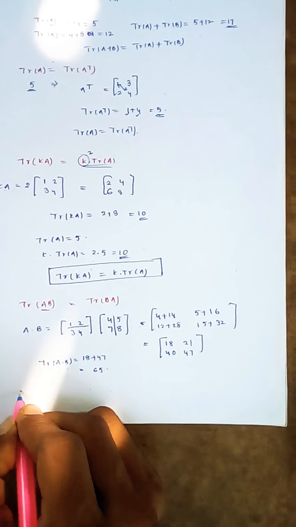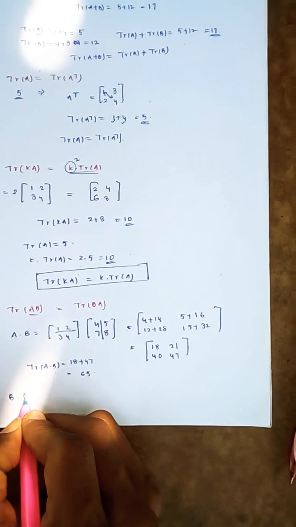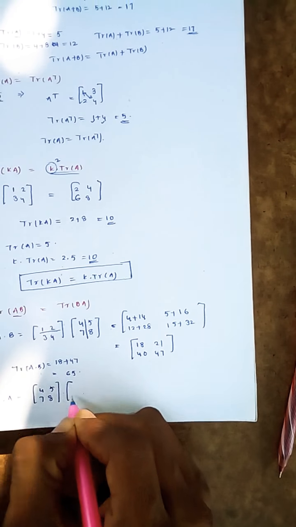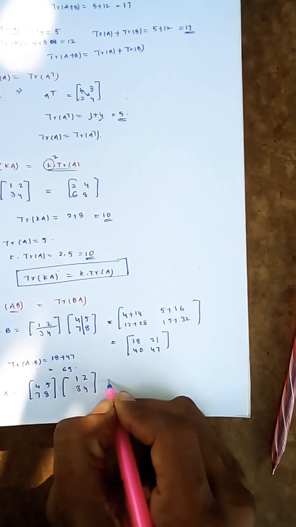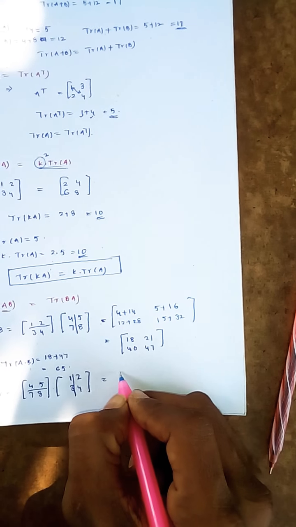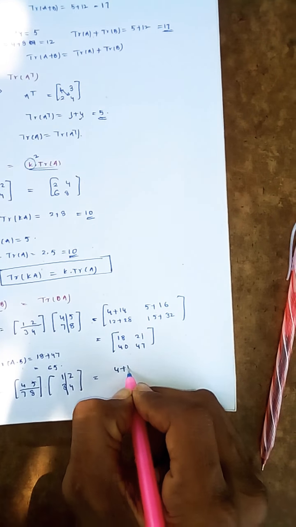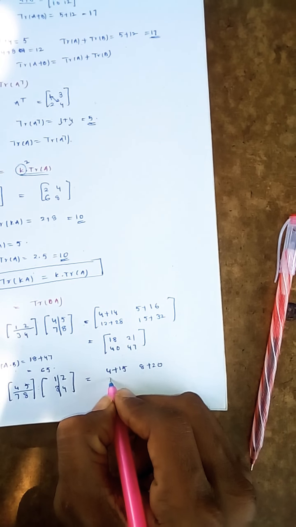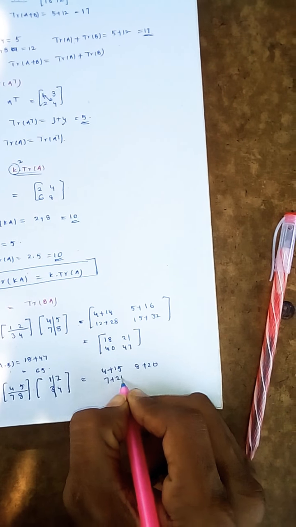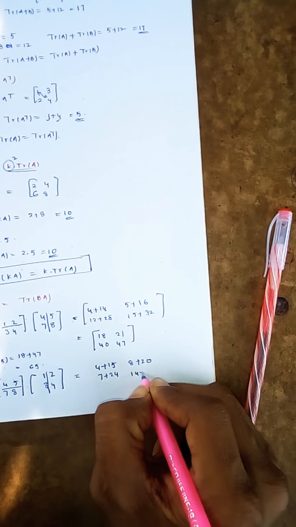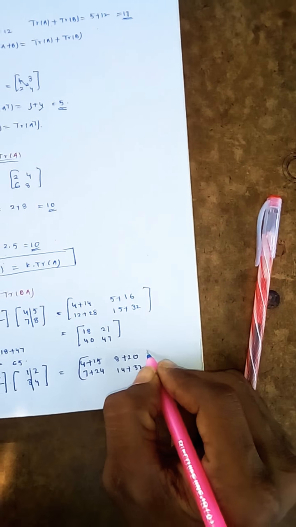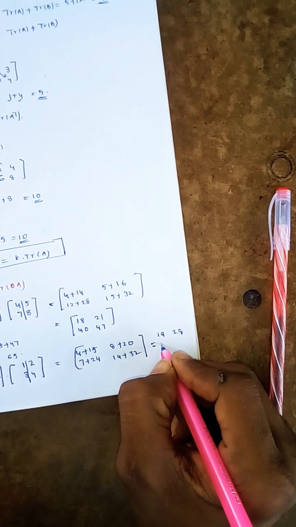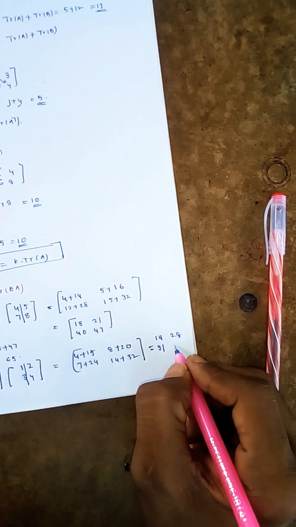Now coming to the right side of the property, B into A is equal to 4, 5, 7, 8 and 1, 2, 3, 4, that is equal to 1 row into 1 column. 4 plus 15, 8 plus 20, 7 plus 24, 14 plus 32, that is equal to 19, 28, 31, 46.